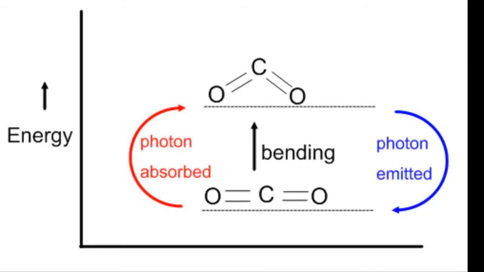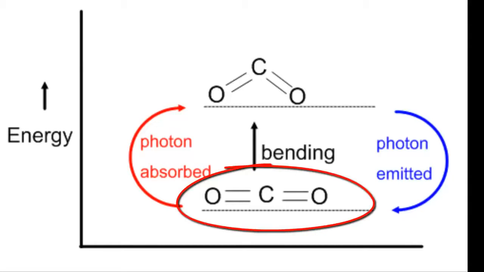Let's now consider the energy changes that take place and which are used in infrared spectroscopy. I'm going to use the carbon dioxide bending vibration to illustrate this. As you see in the diagram, there's an energy difference between the two different states. In the linear state, we have the lower energy state, and when it bends, we have a higher energy state.